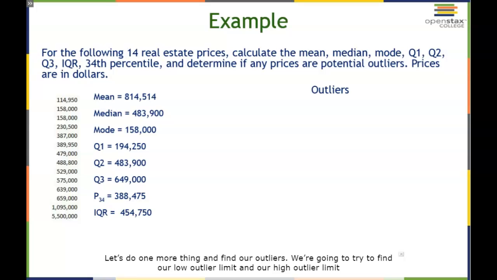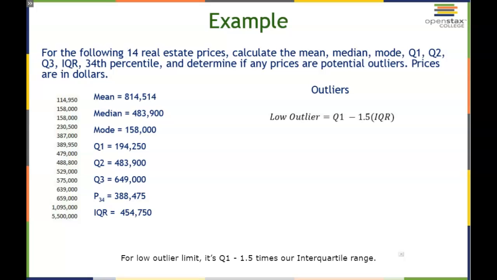Let's do one more thing and find our outliers. We're going to try and find our low outlier limit and our high outlier limit and see if our data falls either below or above these values. For our low outlier limit, it's Q1 minus 1.5 times our interquartile range.